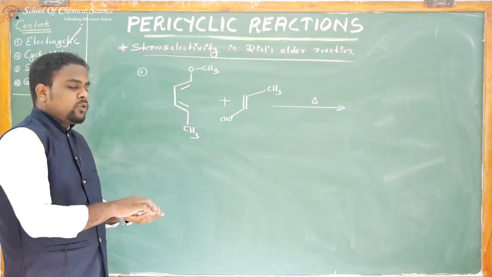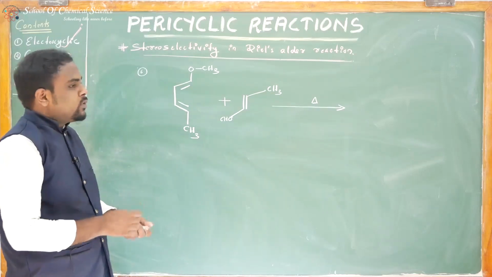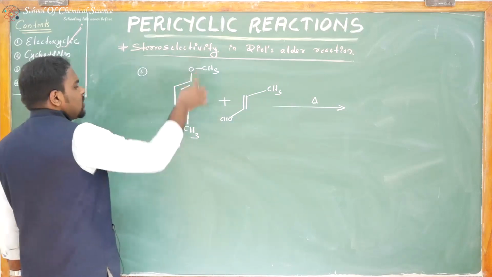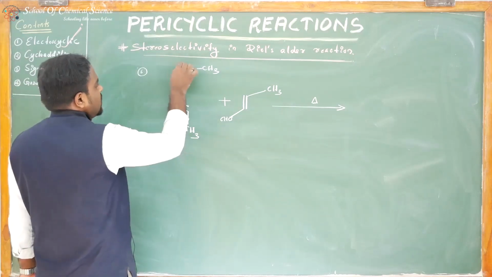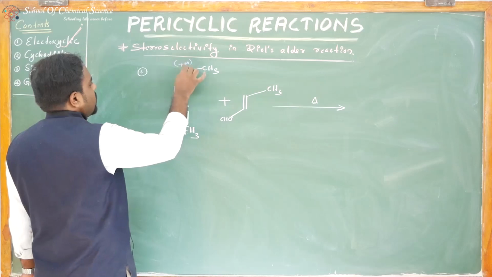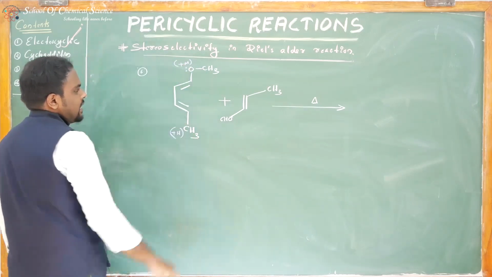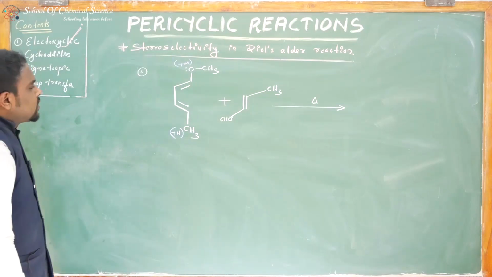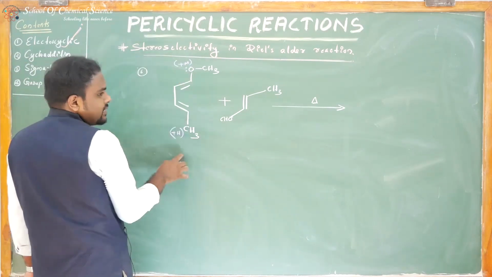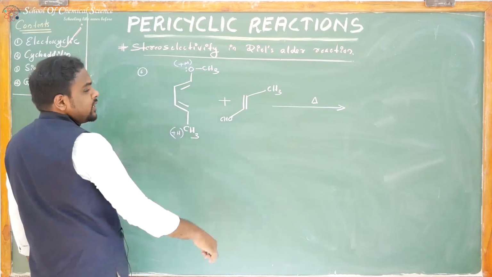So how can you approach this question? Here both substituents are electron donating groups. This is plus mesomeric effect because of the oxygen containing lone pair. This is hyperconjugation, plus H, hyperconjugation. Comparing OCH3 and CH3, OCH3 is a better donating group.